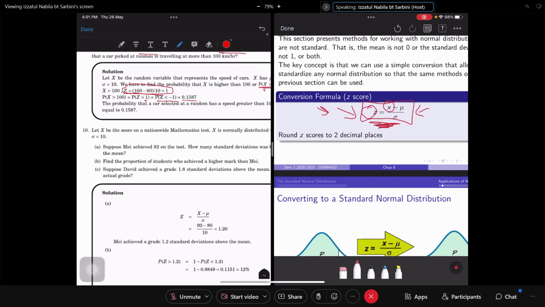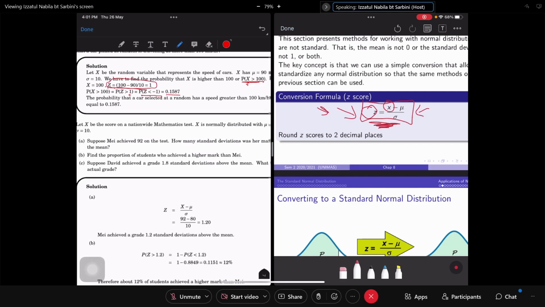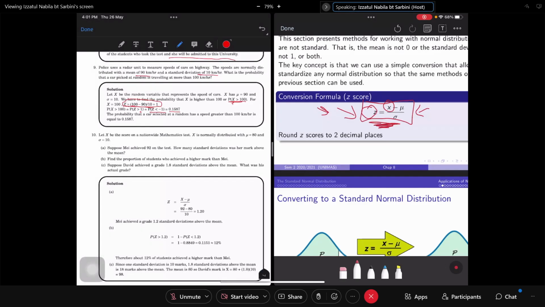Okay, number 10. Let X be the score on a nationwide mathematics test, normally distributed, mean 80, standard deviation 10. Suppose May achieves 92 on this test. How many standard deviations was her mark above the mean?